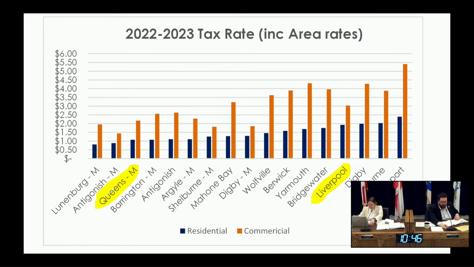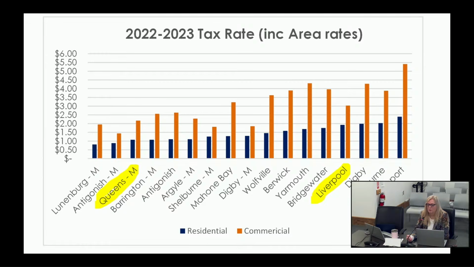And specific to MODL, Lunenburg-M, that is the municipality district of Lunenburg in that chart? And I would just add to that, because I live in MODL, so I get a MODL tax bill. Part of our tax bill is an area rate for our fire department, and that will be different depending on where you live. So I'm not sure if that rate just takes that particular area rate out because it's so different across the municipality.